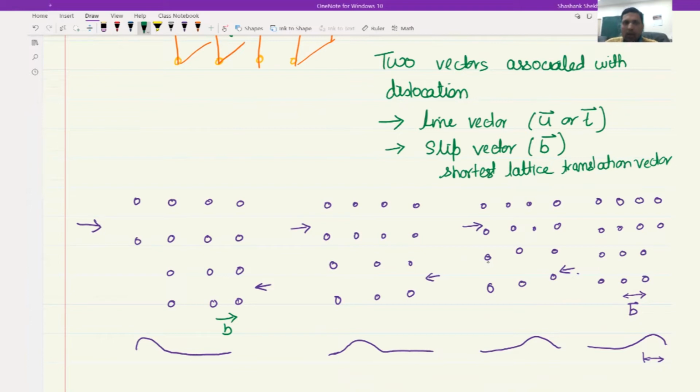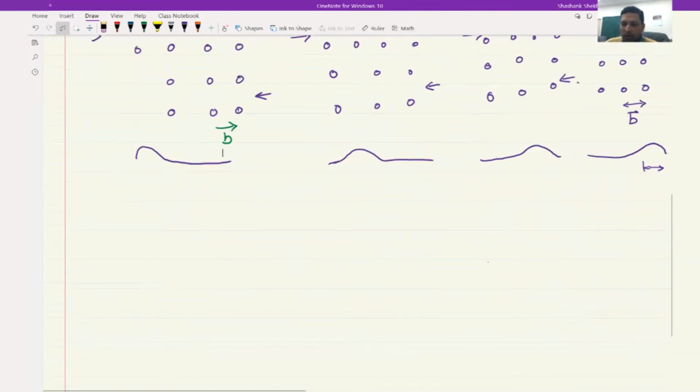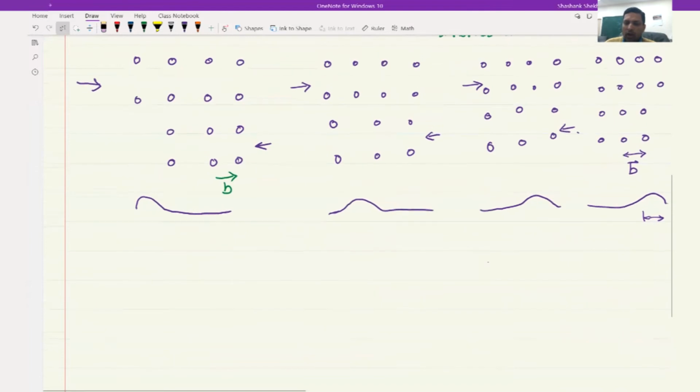So this is about the edge dislocation, but similar to it, we have one more important aspect, which is how to obtain whether there is a dislocation existing in a material or not. And if it is existing, what is the magnitude of the Burgers vector over there.